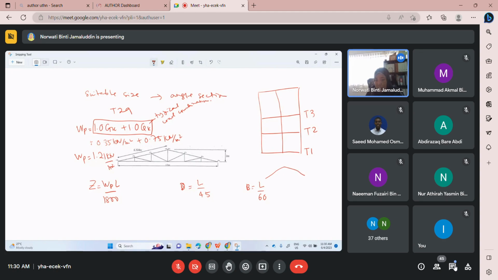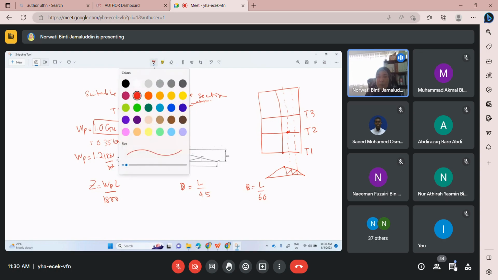Let's say this is the apex. The elevation view will look like this. This is the apex, and then we have purlins here, here, and this one. The intermediate purlin will create the most severe load case, the load area.